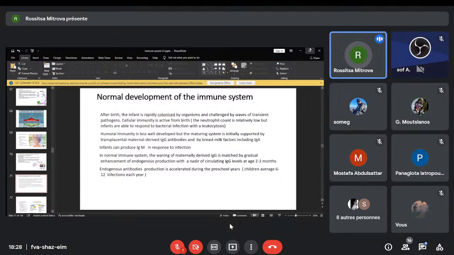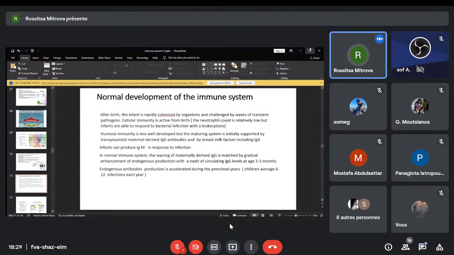So the cellular immunity is active from birth. The neutrophil count is relatively low, but infants are able to respond to bacterial infection with leukocytosis. The number of leukocytes is increased.